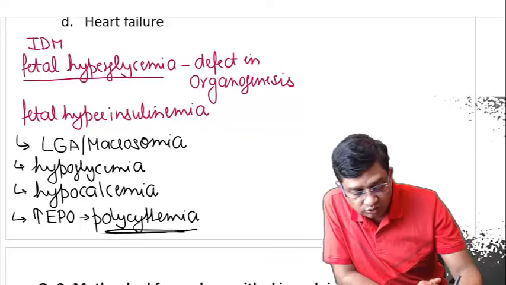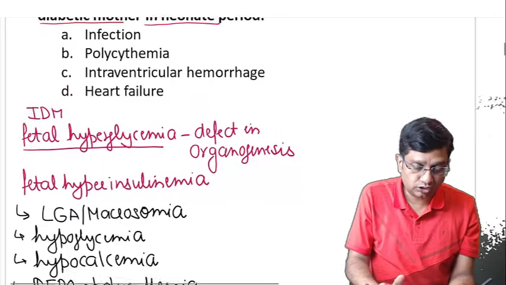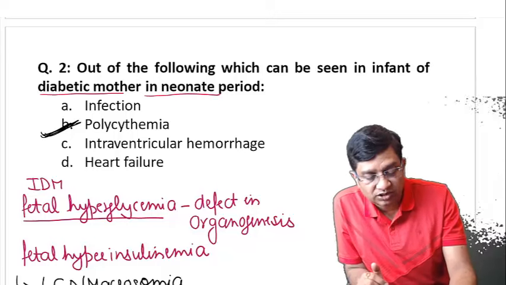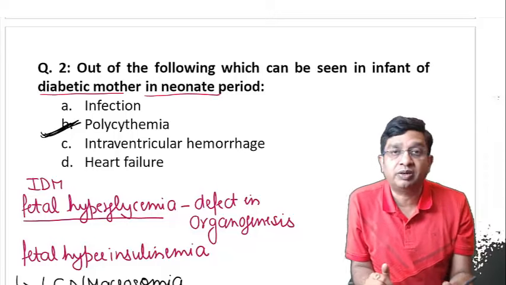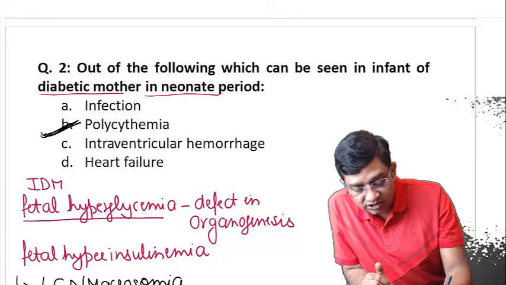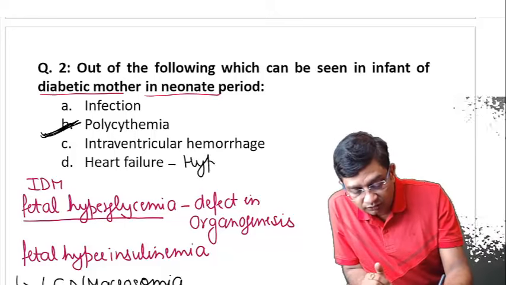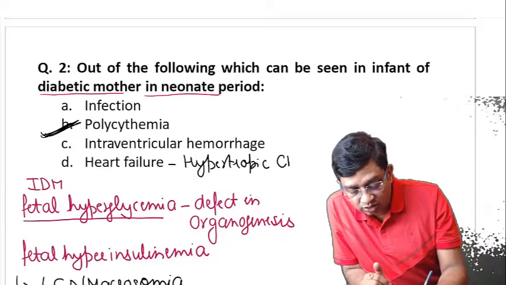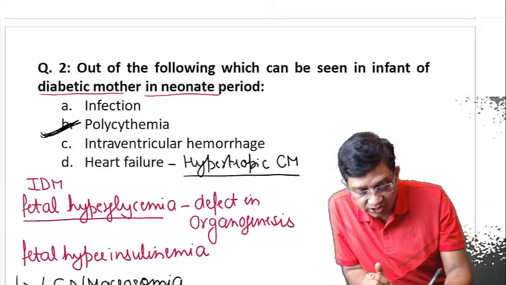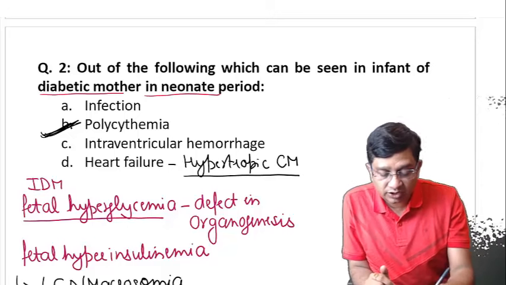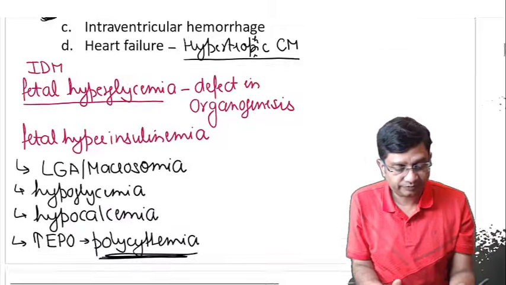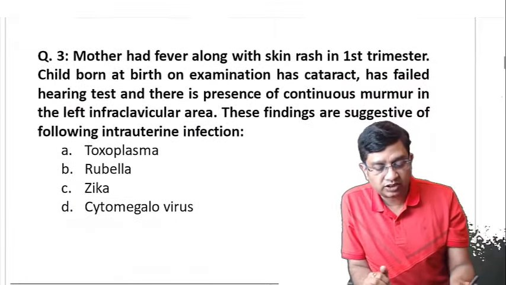So out of the choices given in this question, the right answer is that polycythemia can be seen in the infant of diabetic mother. There is definitely hypertrophic cardiomyopathy, but this does not cause any harm to the child. Moving on to the next question.